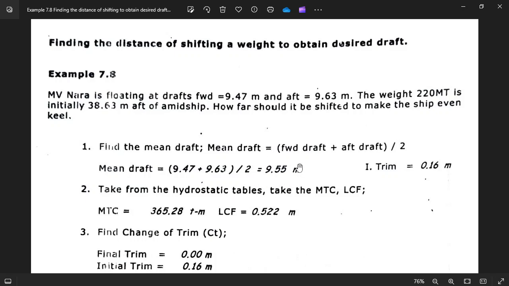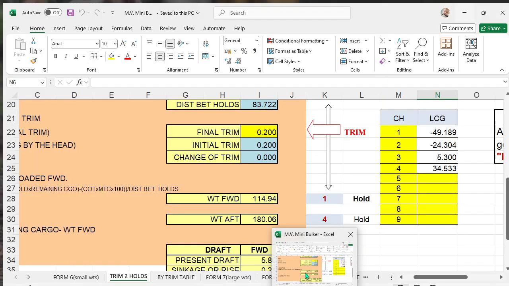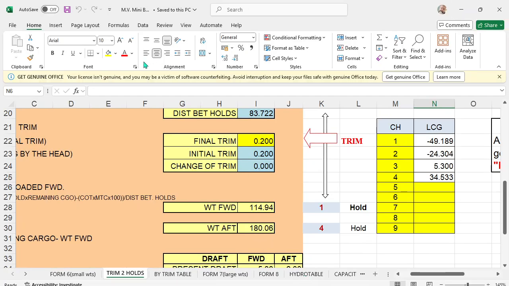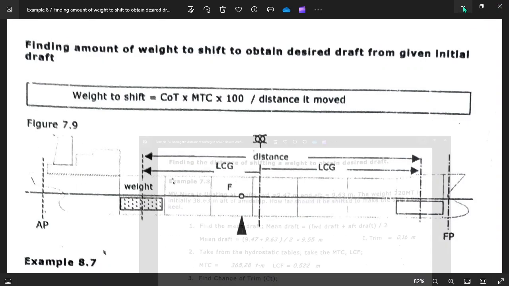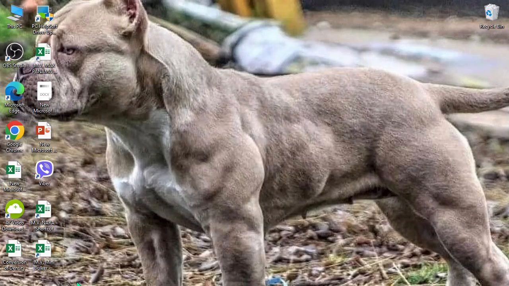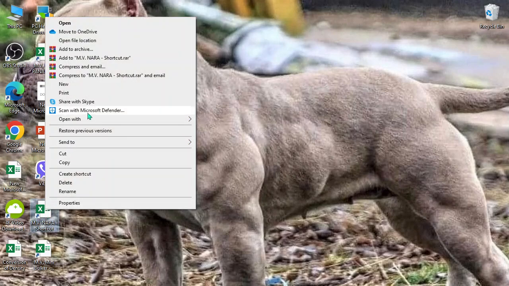Let's say take 9.55. Let's check the table here.